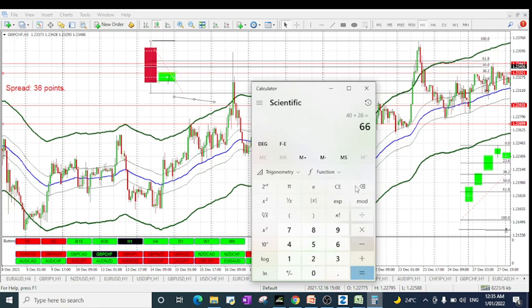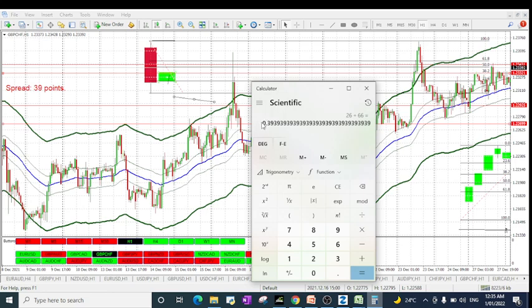So if we say 26 divided by 66, you see, we are making 0.39 roughly. For us to break even, we should be making 0.30. Anything above 0.30 is profitable for us. So 0.39 is excellent. This is where our edge comes from. This is how we're making money.